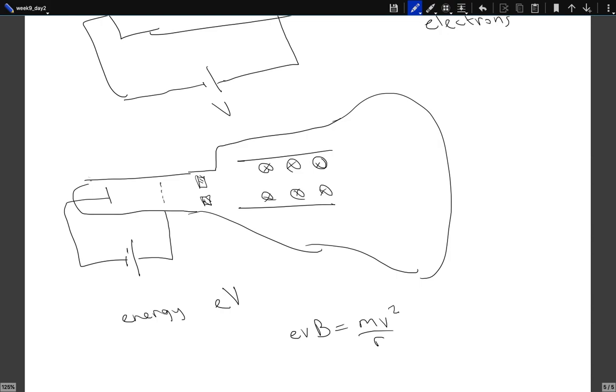This is the force they feel, this will be the central force, it should be mv squared over r. So if we just simplify the v's, you get e over m will be equal to v over Br.